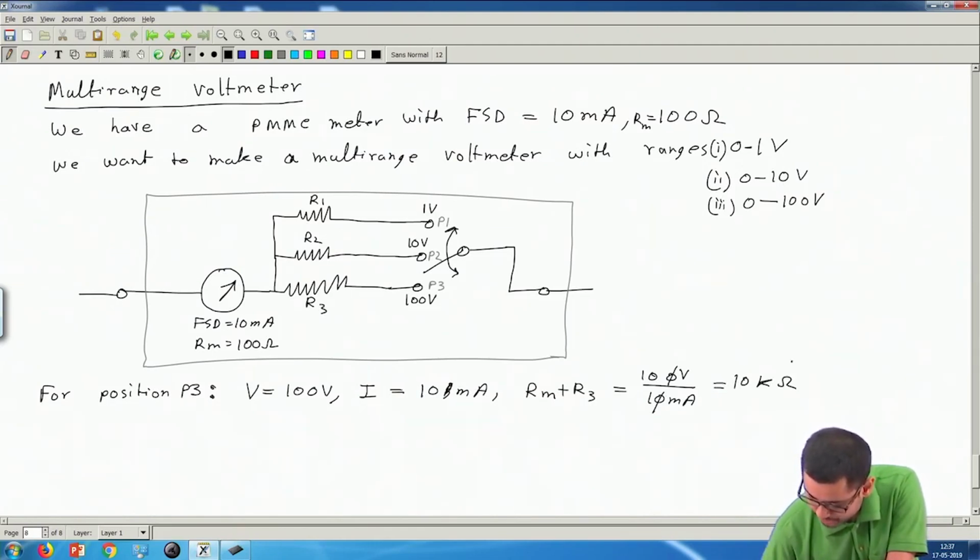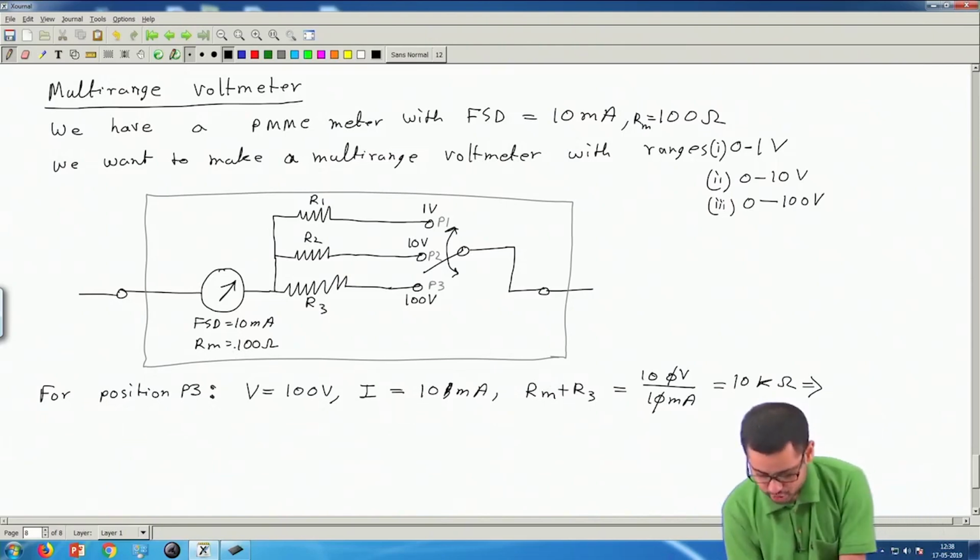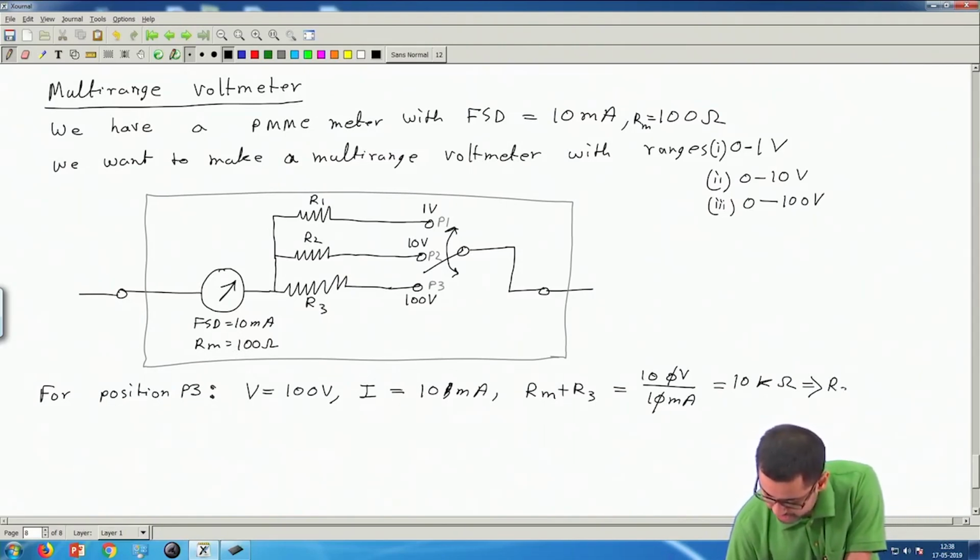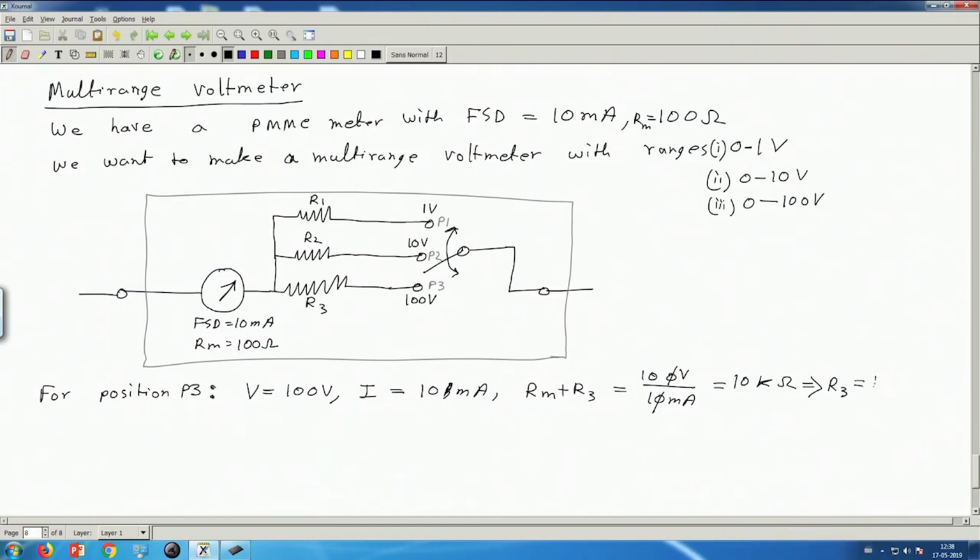Now Rm is 100 ohm, so R3 will be 10 kilo ohm minus 100 ohm. This is like 0.1 kilo ohm, so this will be 9.9 kilo ohm.